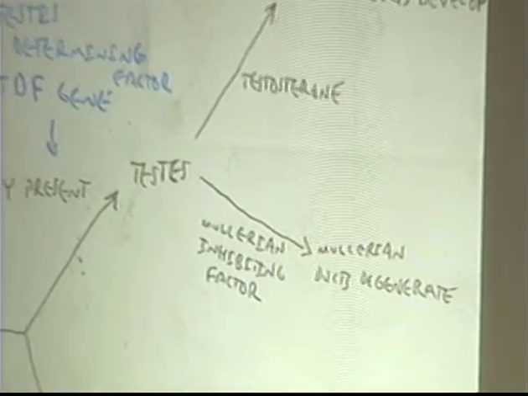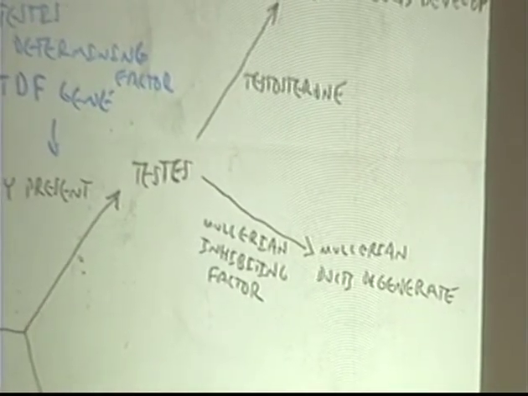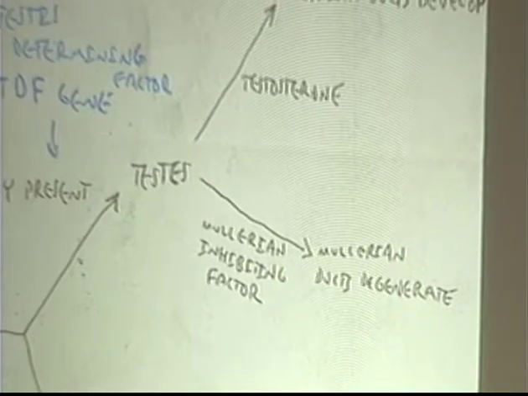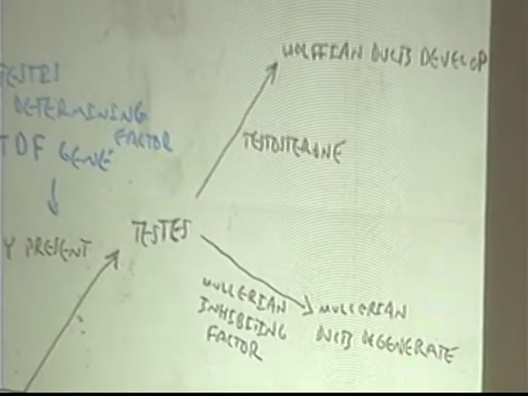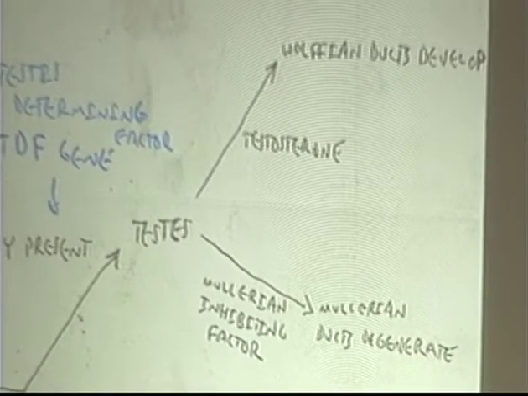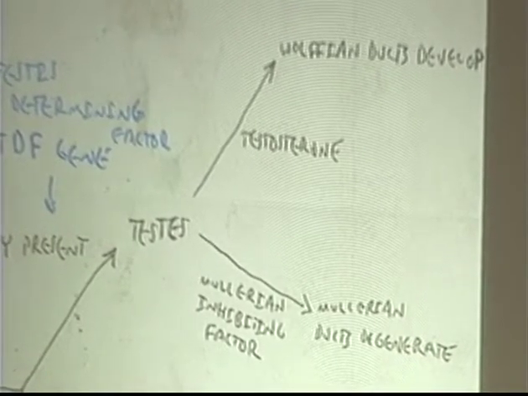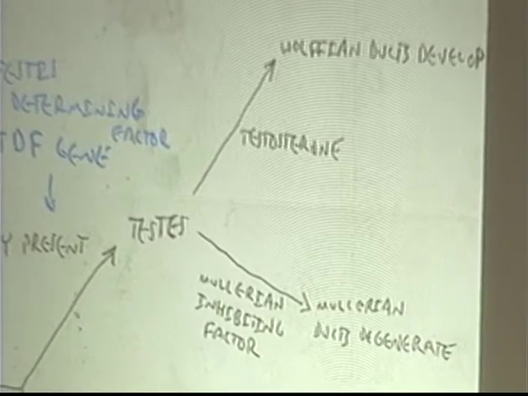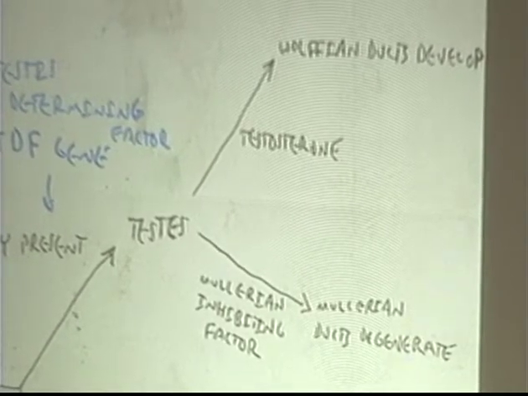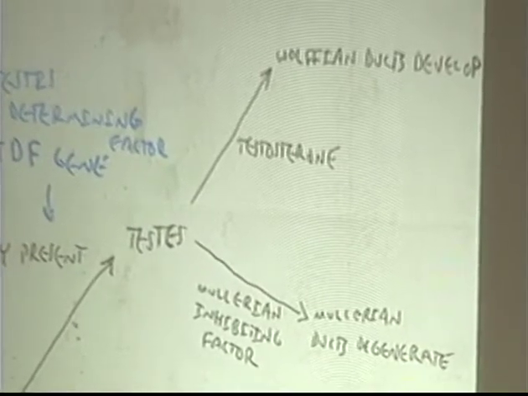Remember, the Wolffians are the male ducts, the Mullerians are the female ducts. So what's being achieved here is that since that individual is developing as a male, it needs to get rid of the Mullerian ducts, and it needs to keep the Wolffian ducts. So the testosterone stimulates the Wolffian ducts to develop. The Mullerian inhibiting factor causes the Mullerian ducts to degenerate.